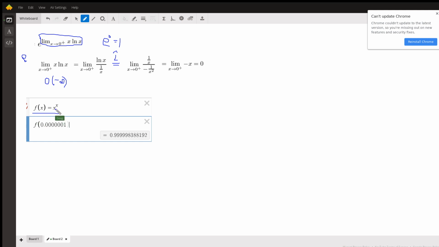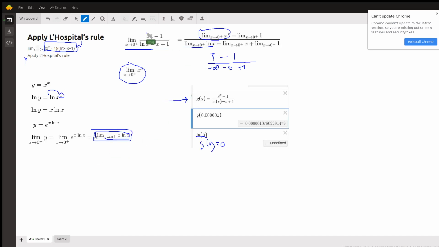If we have the function x to the x, as x gets really close to 0 from the right, it looks like x to the x is approaching 1. So back to board 1, this is actually a 1. And that is 0 over negative infinity plus 1, which is the same as 0 over negative infinity.